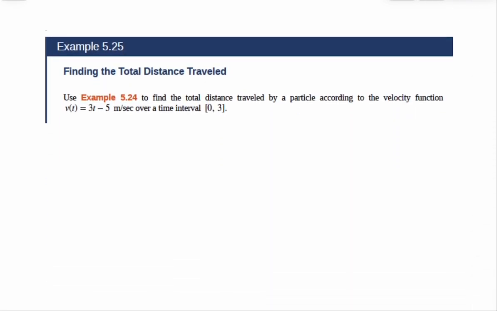But let's take a look at something that we know about that function. So let's think about the graph for a moment. 3t minus 5 equals 0 at 5/3. 5/3 is about 1.7. If you were to graph it from 0 to 3, at 0, we're at negative 5.